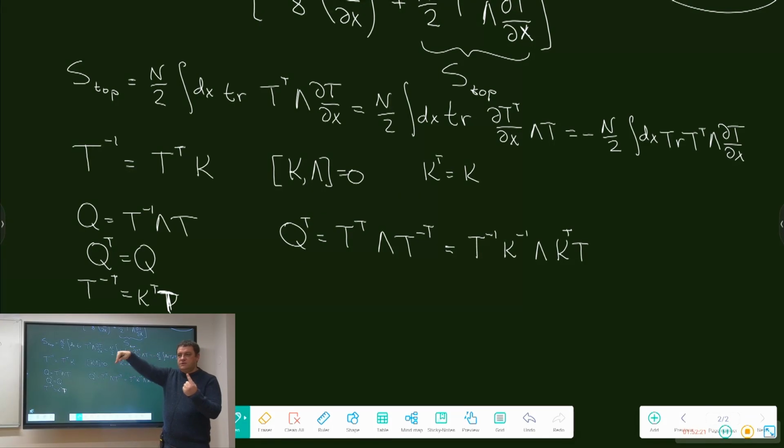When we go around our sample, Q matrix comes back to the same value where it started, and we should parameterize it with a T matrix such that T matrix also comes back to the same value. And it might happen that Q matrix comes to the same value, but T matrix does not. It comes to the same value only up to this multiplication.